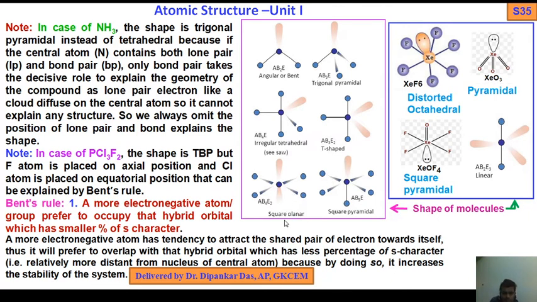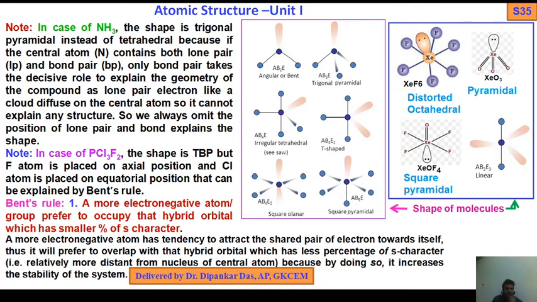This is AB4E2, square planar. Square pyramidal. This one is 5. Distorted octahedral XeF6. Distorted octahedral, XeO3, XeOF4, square pyramidal. Linear structure: I3-. So these are the particular shapes.